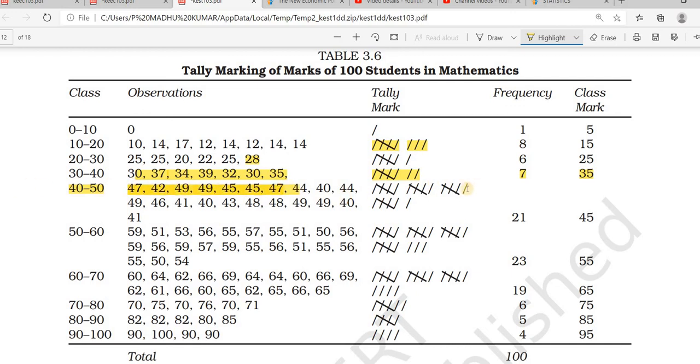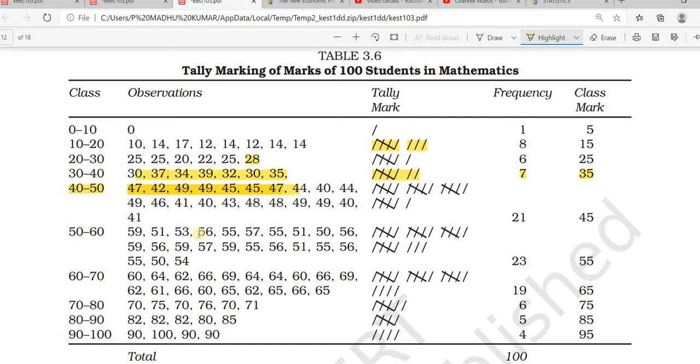Here there is one set of tally, 1, 2, 3, 4, 4 sets of tally. 4 into 5, how much? 20 plus 1. That is why the frequency is 21 and the class mark is 45. What is the reason? 40 plus 50, 90, divided by 2, it is 45.